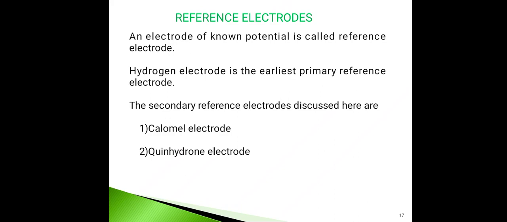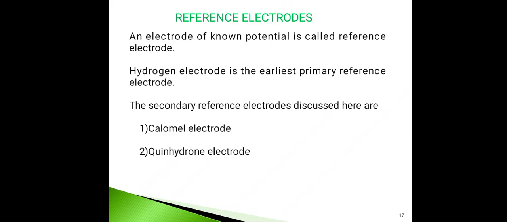This standard hydrogen electrode can be used for many applications. Even so, it has some disadvantages, because it is not suitable for some systems, for example redox systems like the iron system, and ions like Cr2O7 2- and MnO4-.